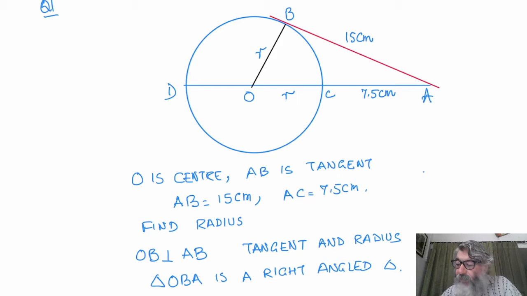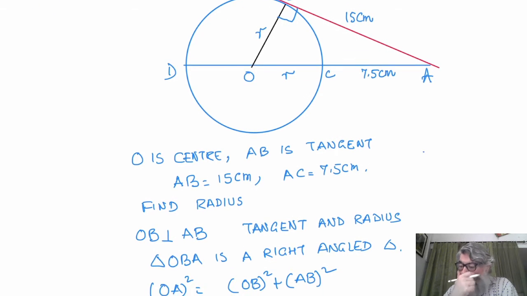In this, the angle B being 90 degree, the hypotenuse is OA. So OA square will be equal to OB square plus AB square. Now what is the value of OA?